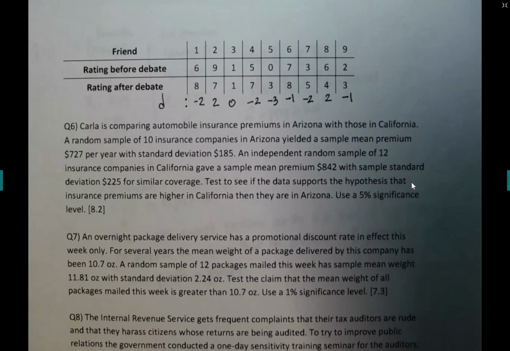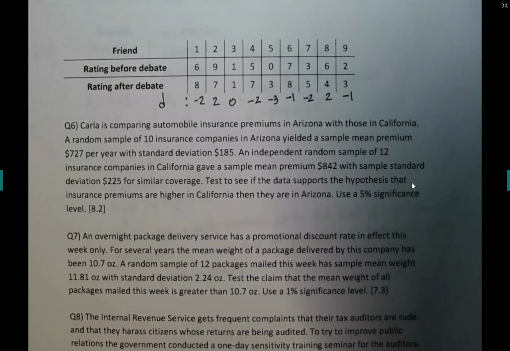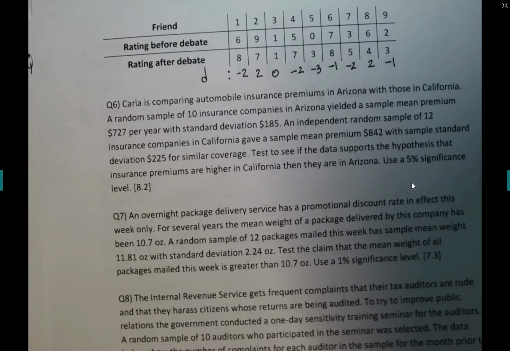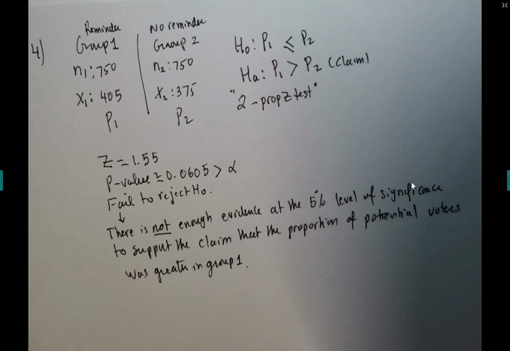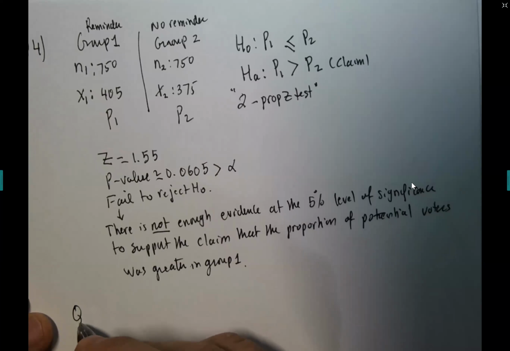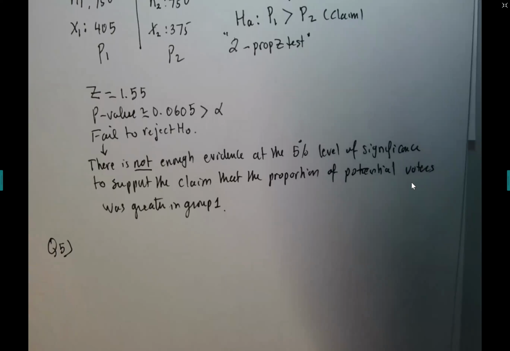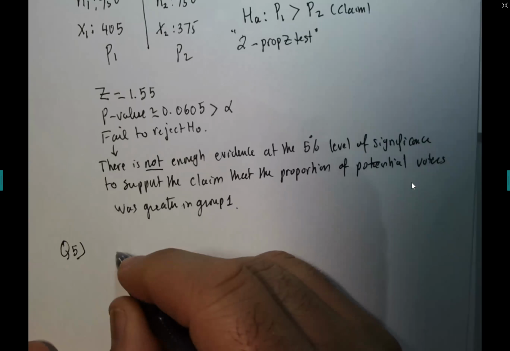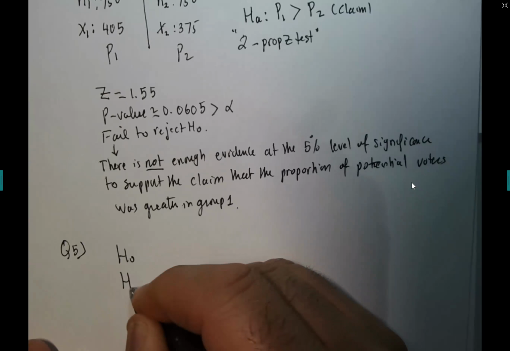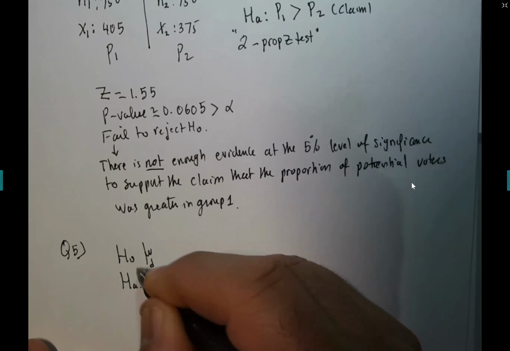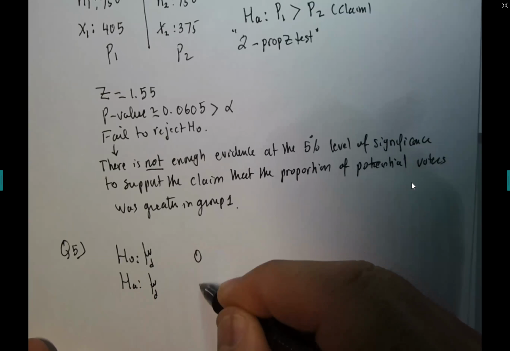Now, can you guys tell me what the null and the alternative hypotheses are going to be? Let me put number 5. So what do you think, guys? H0 and Ha are going to be the mean of the difference. I'll write it like this, I'll put a 0 here.